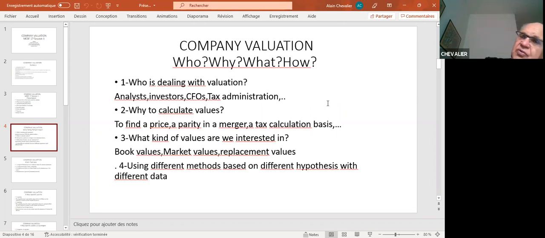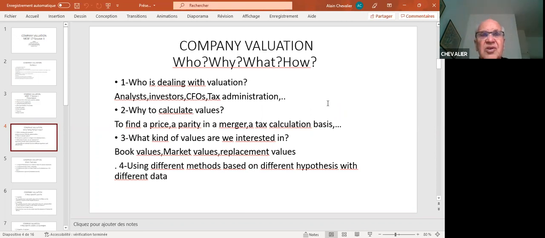Why are CFOs so interested in value? Why do they like to increase the value of their company? First, of course, because they have to take into account the goals of the shareholders, and the shareholders are, of course, interested in the value of the company, in the increase in the value of the company, because they own part of the company with their shares.